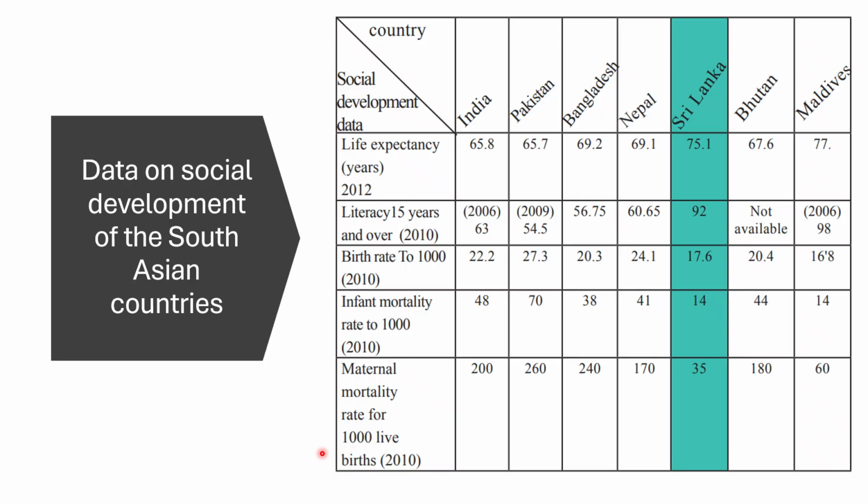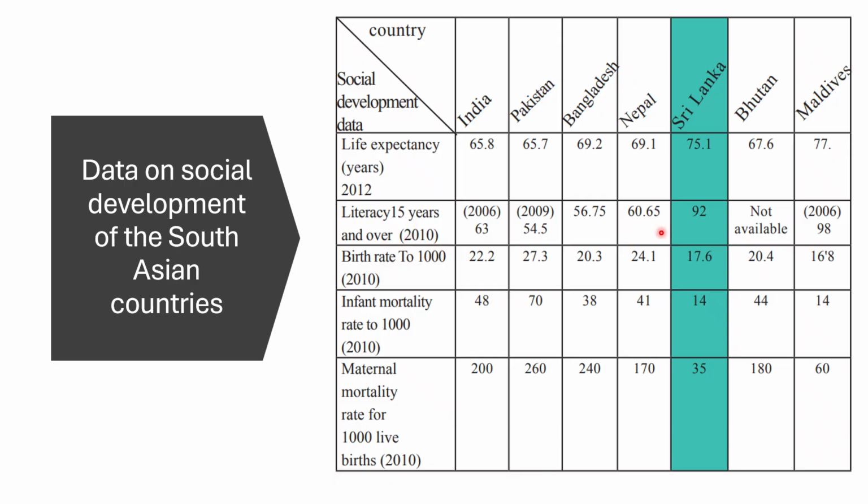So life expectancy in years, as you can see here, our people have been doing their work really nicely. Well, except for Bhutan, which is not available. Anyway, Sri Lanka, we have here 75.1 for life expectancy. This is the 2012 record. Literacy, 15 years and over, 2010, it's 92.